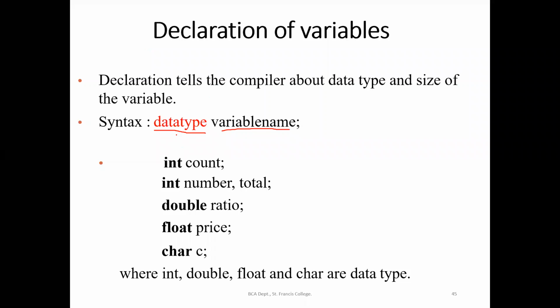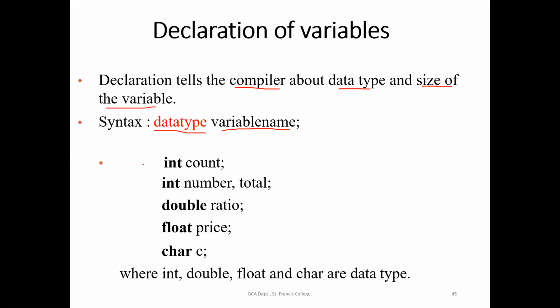The syntax for declaration is the data type followed by the variable name or identifier name. Declaration tells the compiler about the data type, and we can also mention the size of the variable. In case of an array declaration, suppose we are declaring a character array, we have to mention the size.